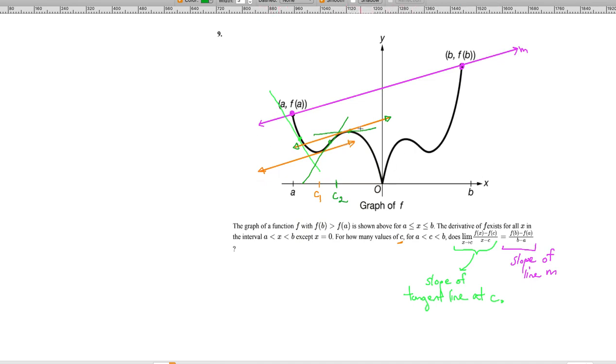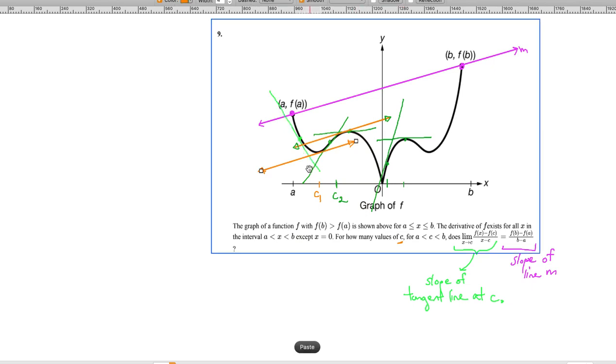If we look, that's it on this side, because after that, the slope of this line just keeps going down and down and down, and it's not going to ever be equal to the slope of the secant line. Now, if I pick this point on the other side of the y-axis, that line has too high of a slope, and this line has a slope of 0. So again, some point between these two must be some other c.